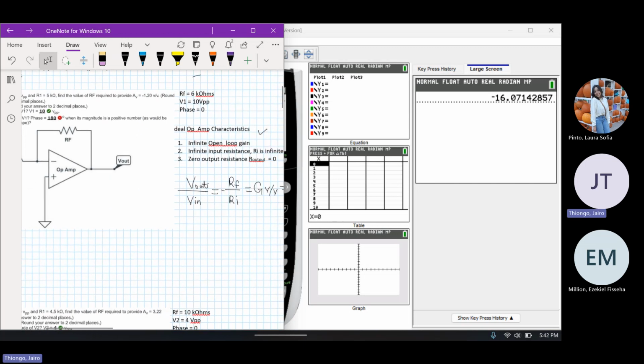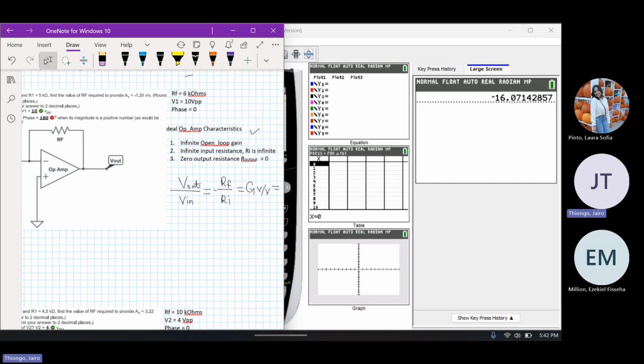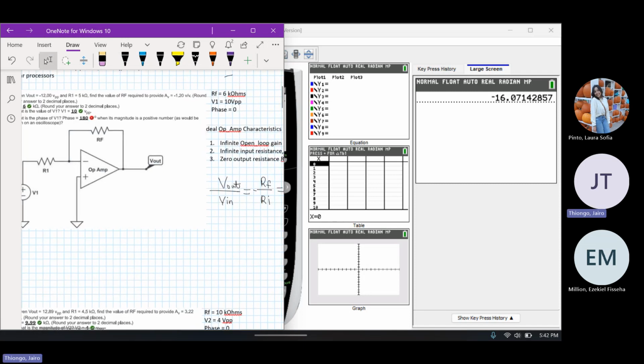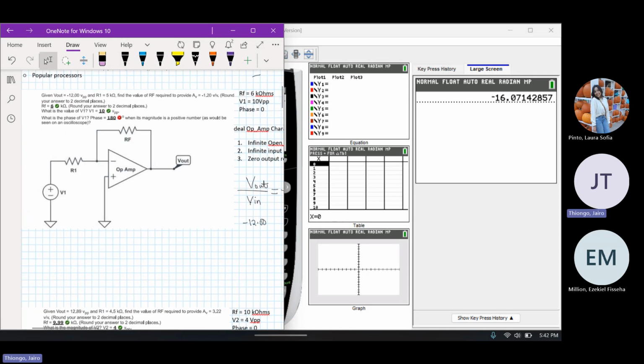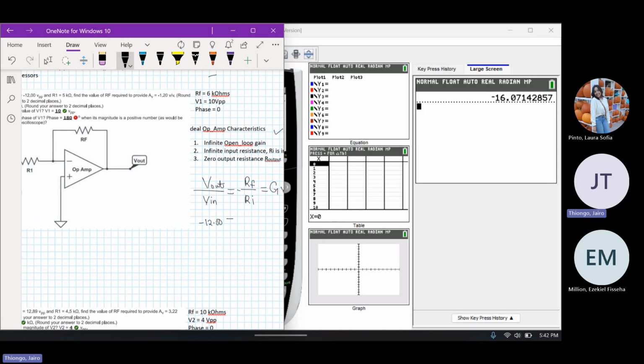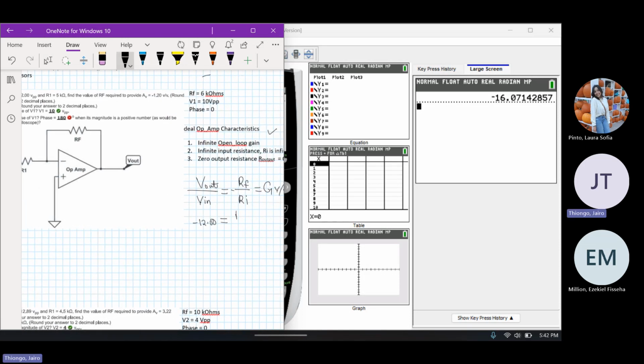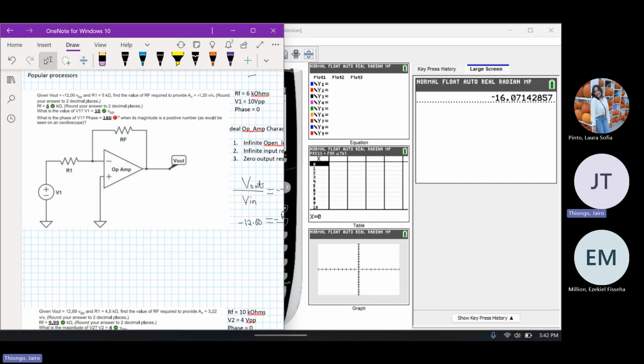Since we're asked about RF, we can change this equation to find the value of RF. V out, we've been given as minus 12.00, is equal to the RF value, minus over RI.